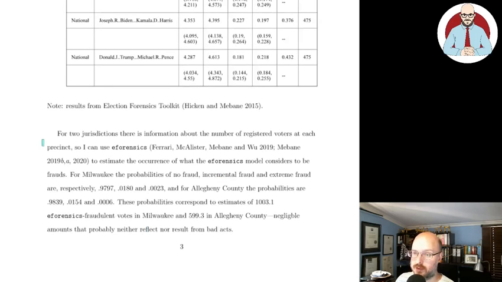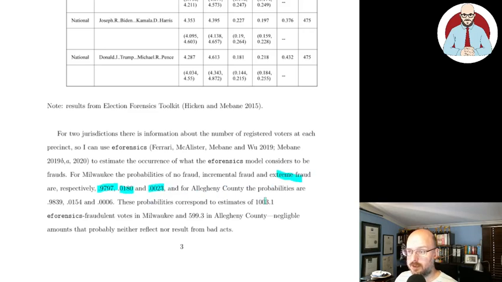For the 2 jurisdictions, there is information about the number of registered voters at each precinct, so I can use eForensics to estimate the occurrence of what the eForensics model considers to be fraud. For Milwaukee, the probability of no fraud, incremental fraud, and extreme fraud are respectively 0.97 for no fraud, 0.18 for incremental fraud, and 0.23 for extreme fraud.